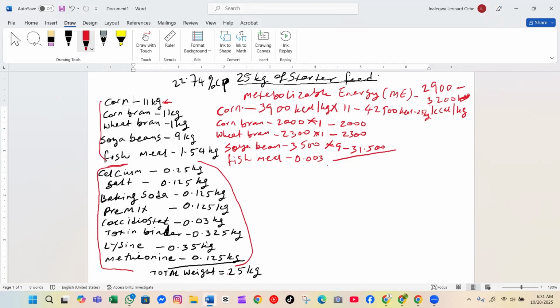Now we add all the values we've got so I can get the total metabolizable energy in our 25 kg of feed. If I add this, I got 78,700 kilocalories for 25 kg, but it is expressed in kilocalories per kg here. So we convert this to kilocalories per kg by dividing by 25, which is the total weight.